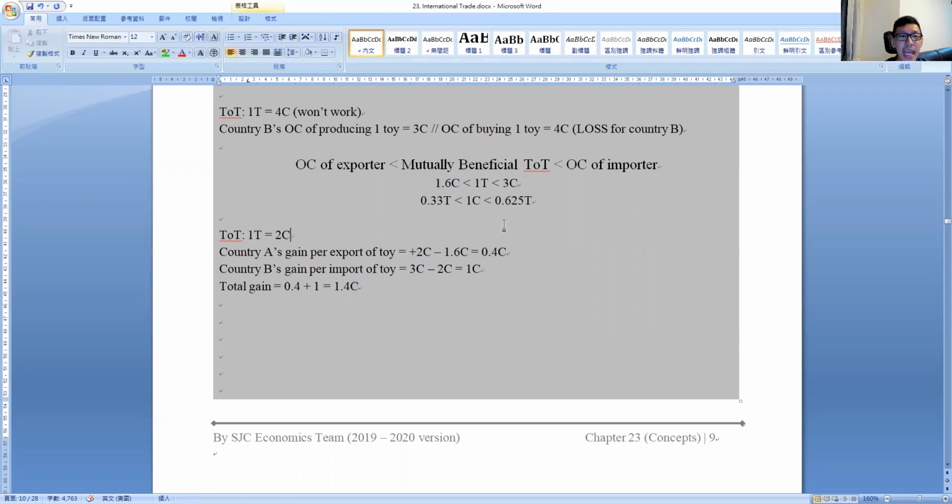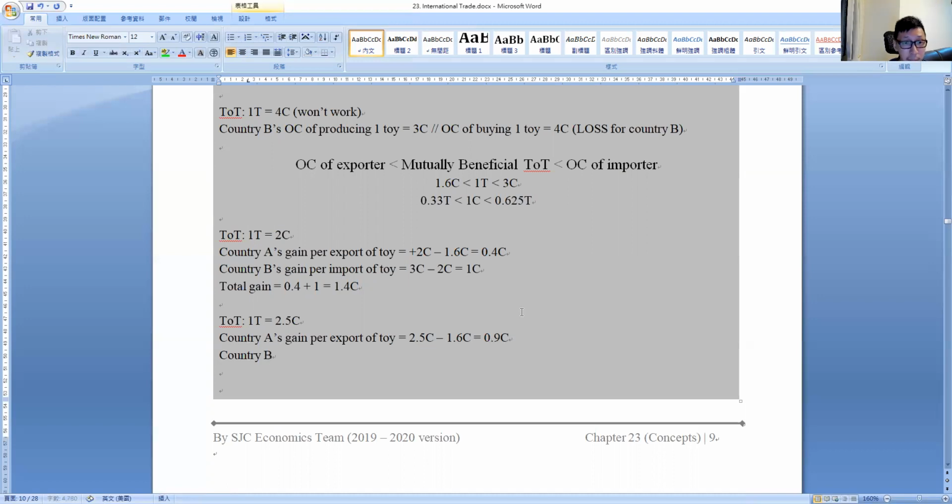Now, let's try another terms of trade, which also works. Terms of trade: 1T equals to 2.5C. This time, country A's gain per export of toy would be 2.5C minus 1.6C, and that would be 0.9C.